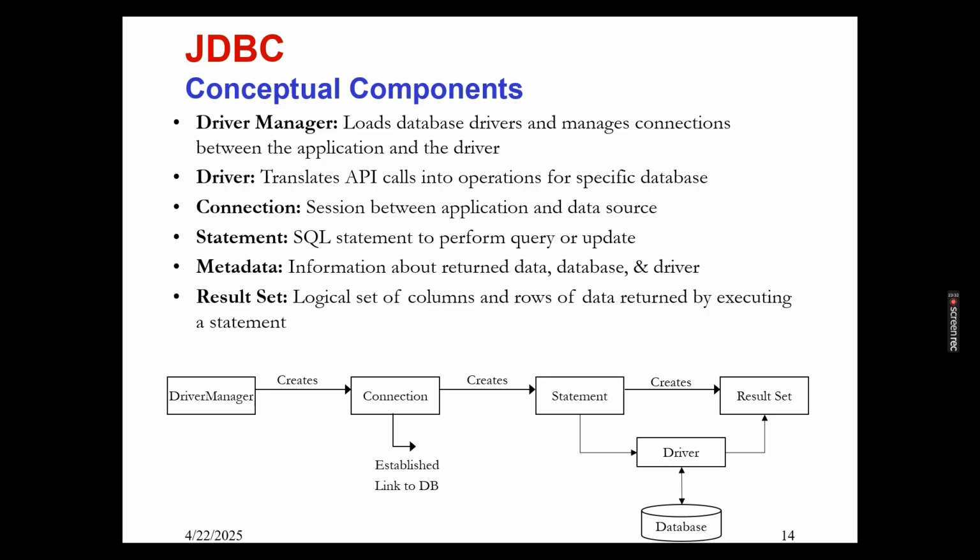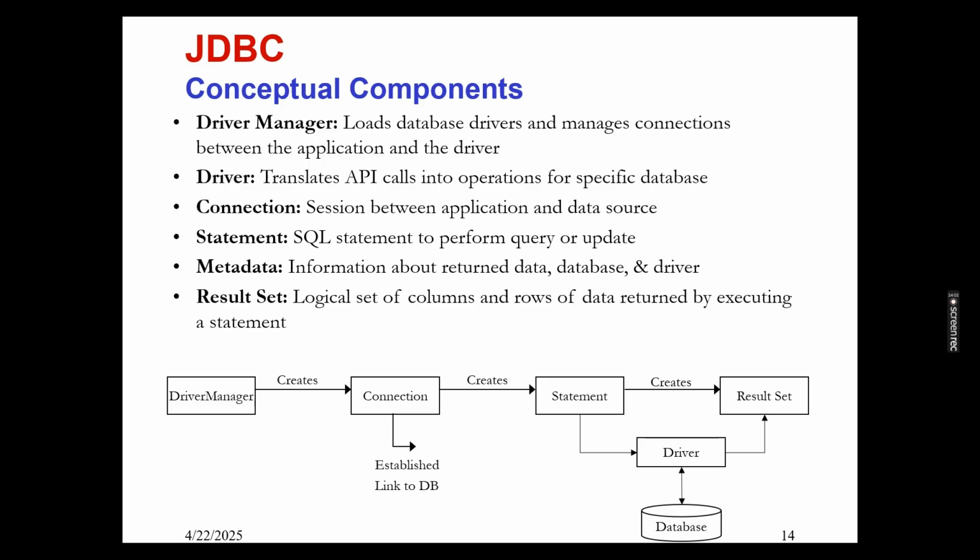Once the driver is mentioned and the driver manager object is created, we can use it to create the connection. In the connection we need to mention the URL of the database, which consists of the protocol and type of database, port number, system IP address, and then the database name.